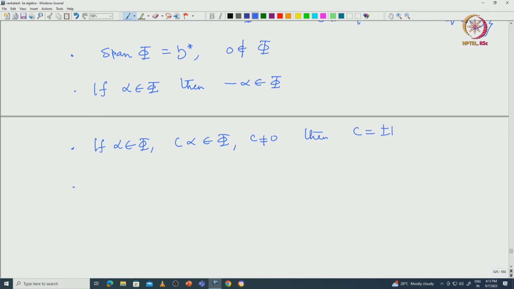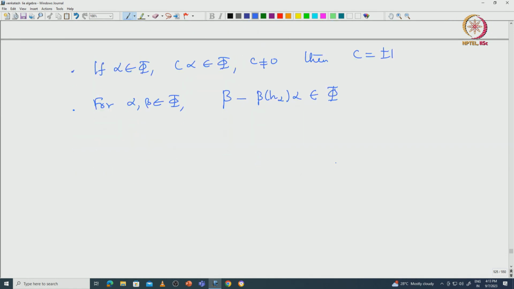Note that for alpha, beta in phi, the element beta minus beta of h alpha times alpha must also be a root, and this is something we proved using sl2 representation theory.